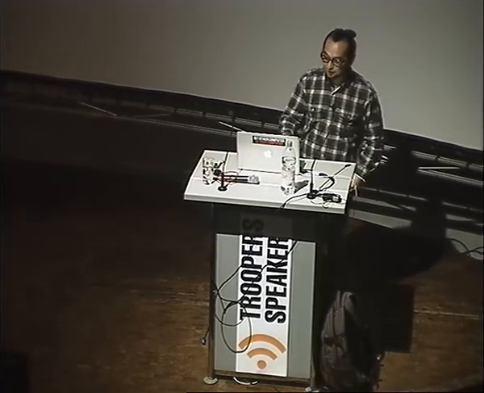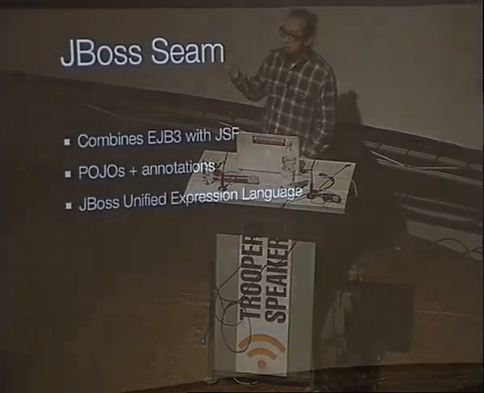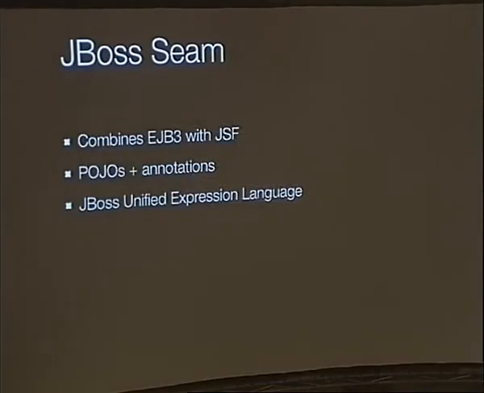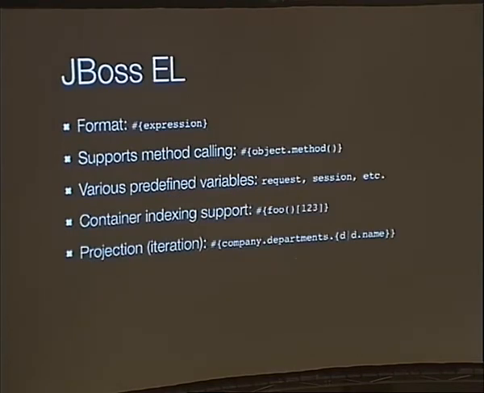So remember we had OGNL in Struts? Here they actually created their own. And the minute you see a custom expression language in the framework, this is the first thing you have to look at, because chances are they used it so extensively that they forgot the trust boundaries at some point somewhere in the code. JBoss expression language, here's how an expression looks like.